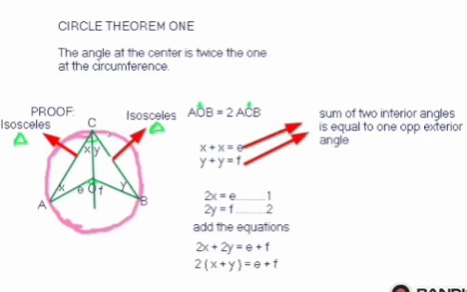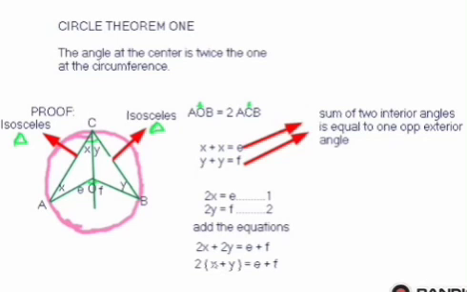Going back to the diagram, you see that S plus Y is the whole of angle C. Tracing the line from A to C to B, we have ACB.